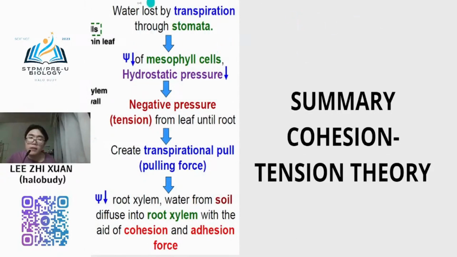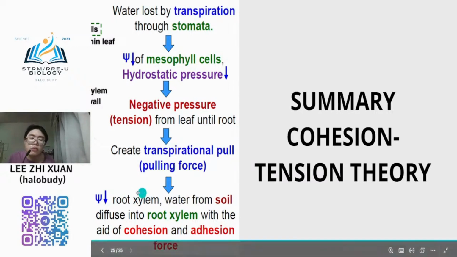Normally, the first step is that water is lost by transpiration through the stomata. So the water potential inside your mesophyll cell is very low, and your hydrostatic pressure is also very low, so negative pressure will occur, and a pulling force will occur also. So the water from the soil will diffuse into the root xylem vessel, and based on the cohesion and adhesion forces, your water molecules can be pulled from the root into the leaf.